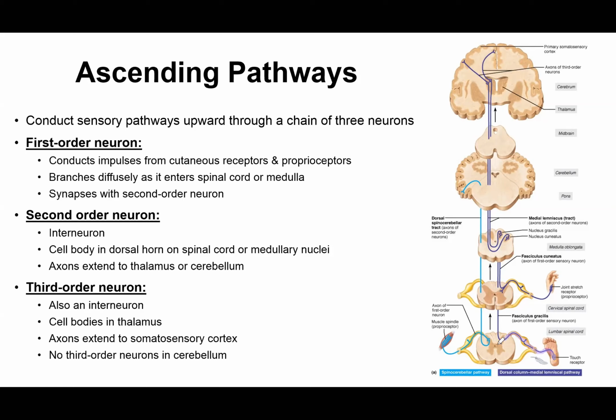Here we see a first branch synapsing onto the spinal cord at this particular level, but that first order neuron still continues upwards, and continues upwards until eventually it synapses, in this case, in the medulla.